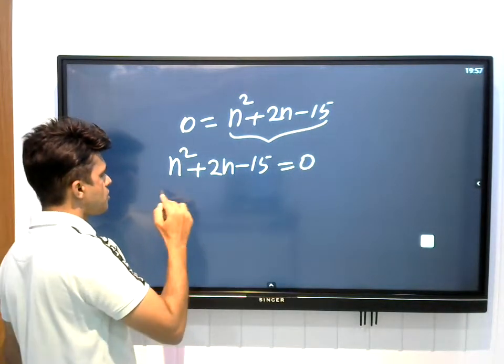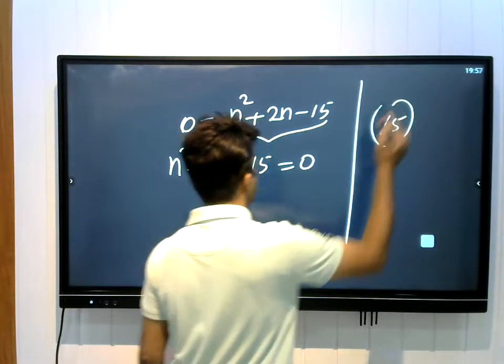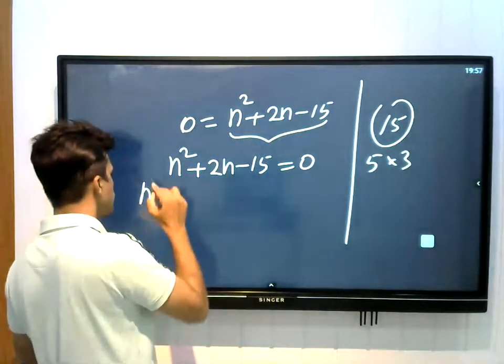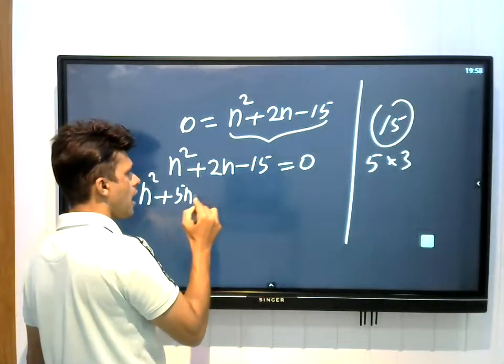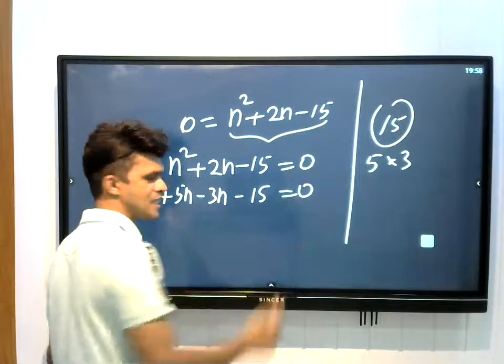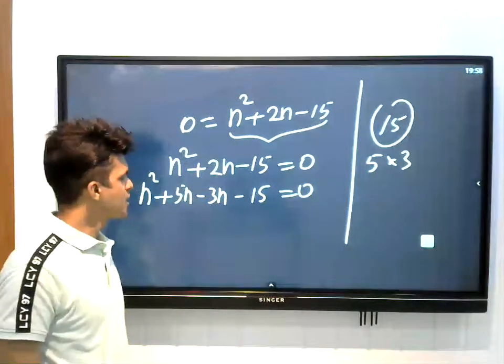So what are the factors of 15, so that you can get 2 here? 5 times 3 is 15. So n square plus 5n minus 3n. Right now I'm not teaching you the way of getting the factors of this expression.